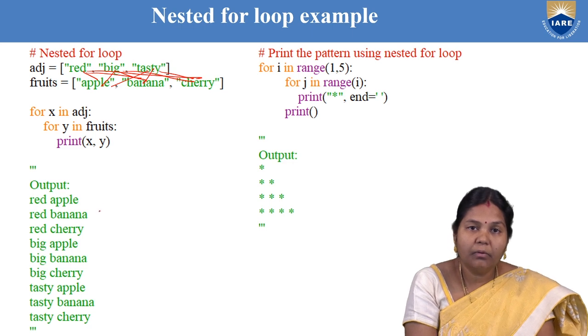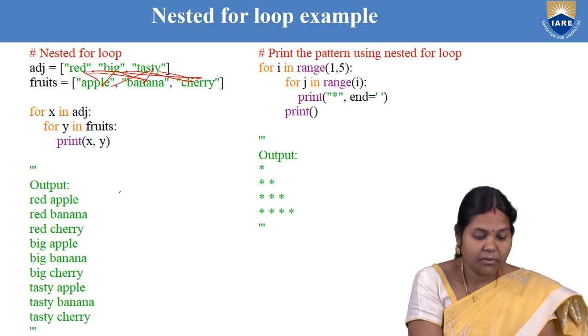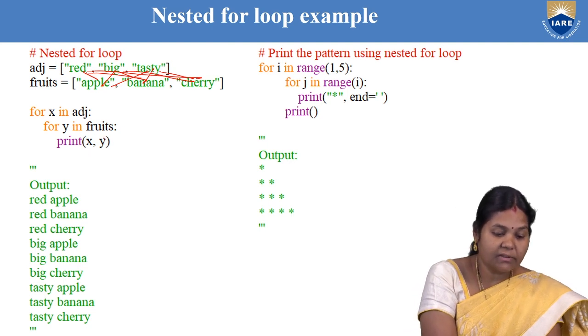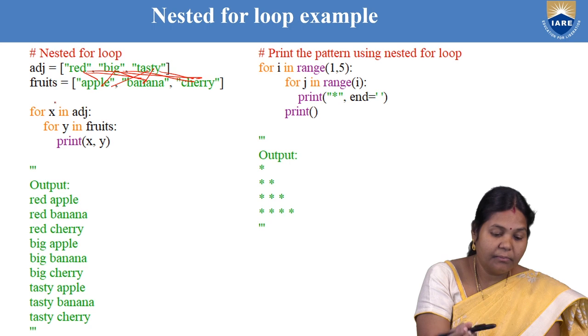So I want these combinations. You can do this by writing a very small, simple for loop within a for loop. For every x in adjectives, for every y in fruits, print the value of x comma y.